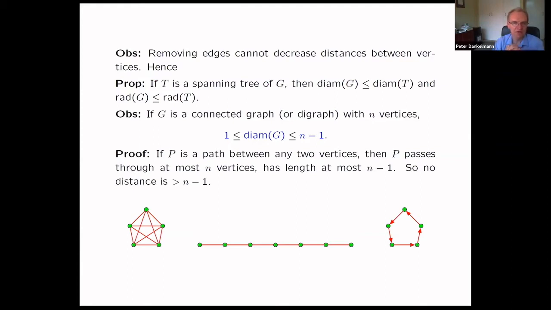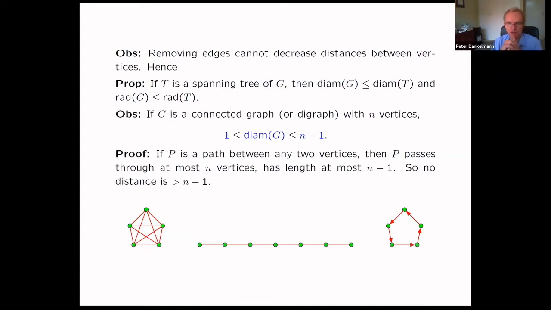If I have a connected graph or strongly connected digraph with n vertices, how large can the diameter be? And the answer is, well, it's certainly at least 1, provided you have two vertices, then you will have a distance 1, and that could theoretically be the largest one, can happen. Or the worst, largest that can happen is that the diameter is n-1.